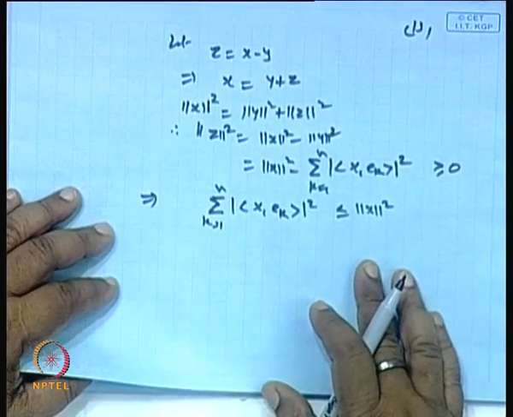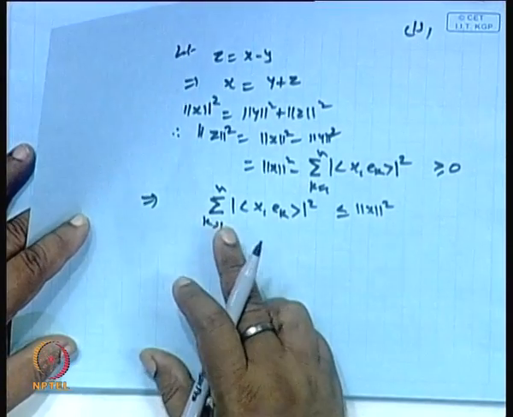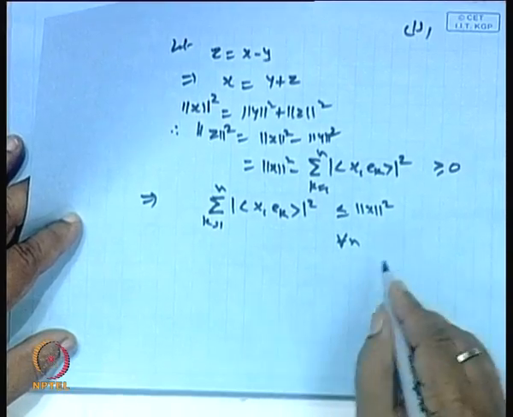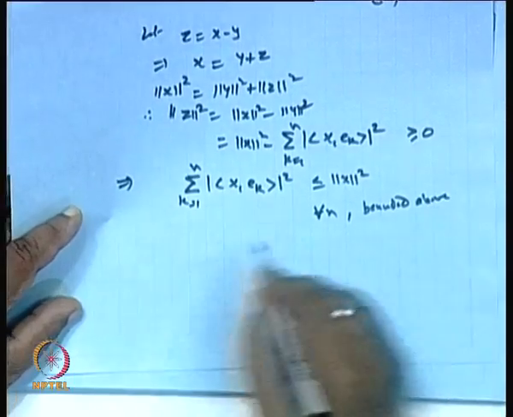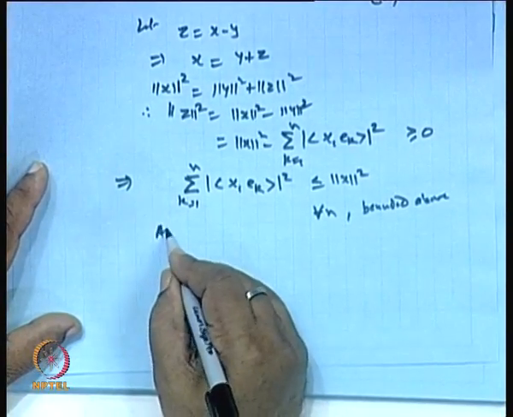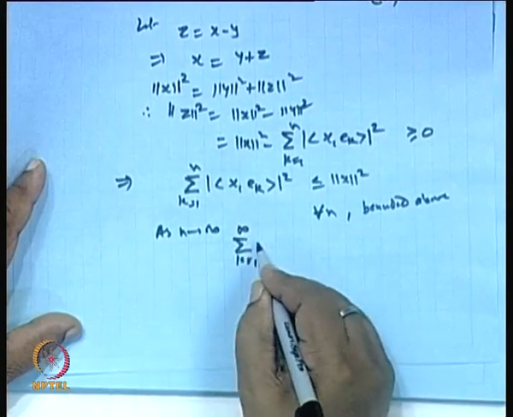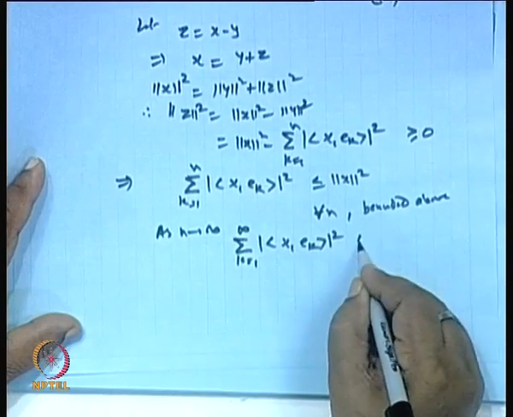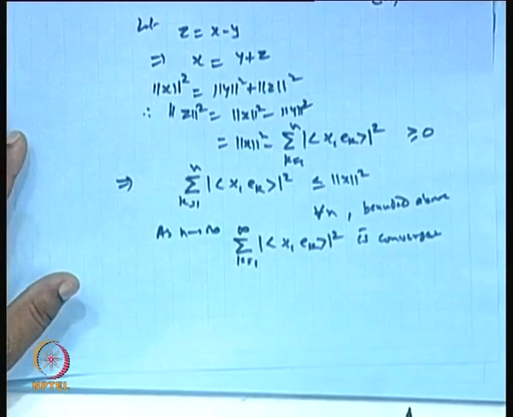This is true for each n, bounded above by norm x square. So, as n tends to infinity, the series sigma k equal to 1 to infinity modulus of inner product x e k whole square is convergent. Is it correct or not?